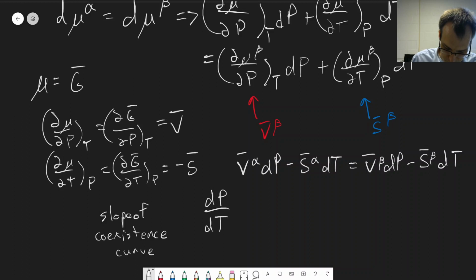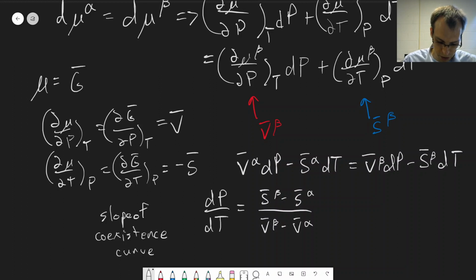Now we're relating it to properties of our phases. So we'd have to rearrange it, but skipping a few steps of algebra that you can work through on your own, we can say that dP dT is S bar beta minus S bar alpha divided by V bar beta minus V bar alpha, right?